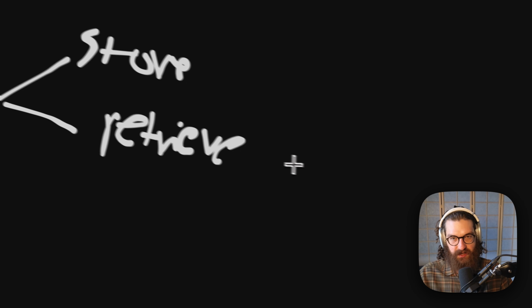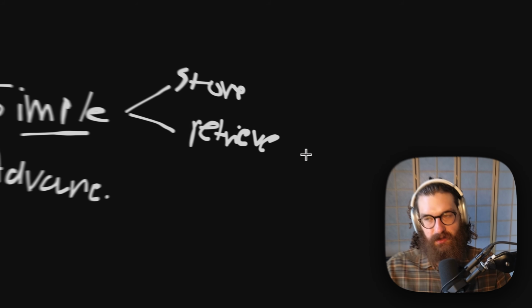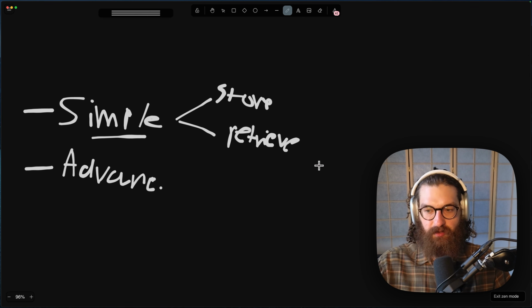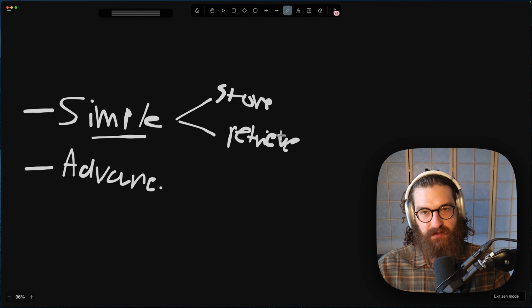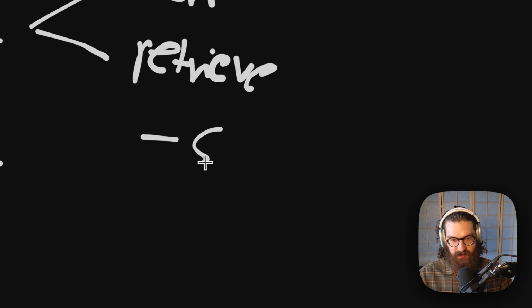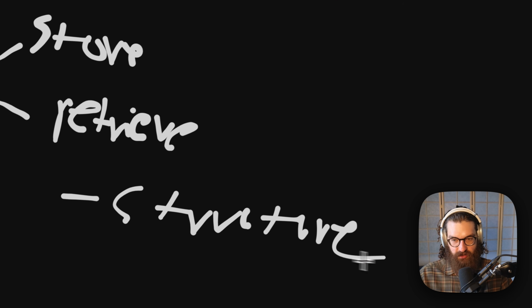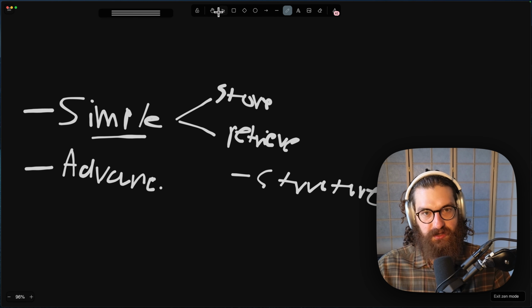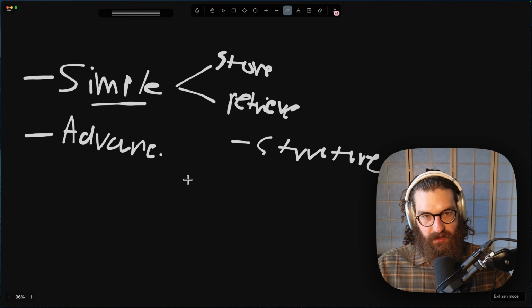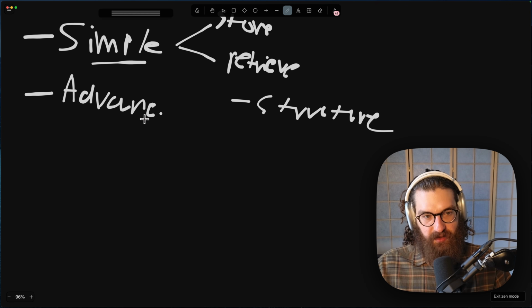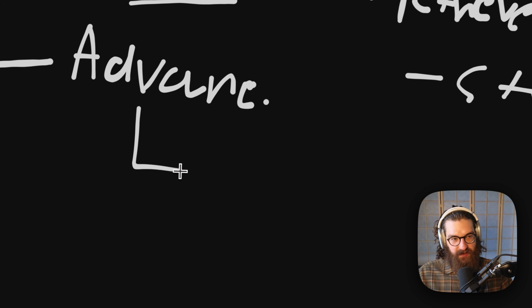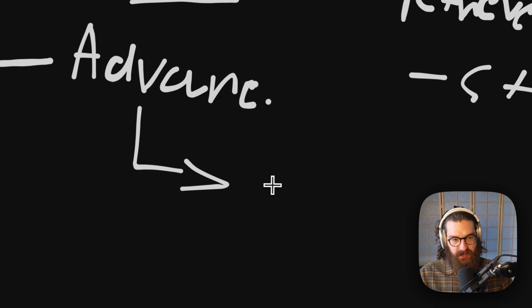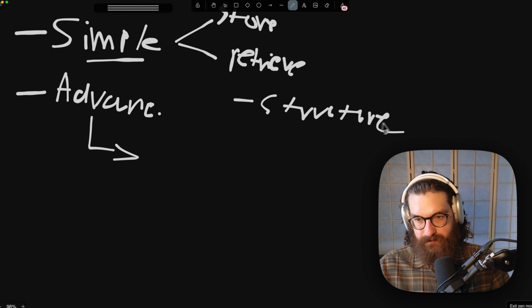And like I said in the previous video, the ability to retrieve information from your system depends on the structure that you have and the ability to search, the ability to know where to look in your system, all of that. So you need to do this with intention. And you can do that in a simple app, but an advanced app is going to make that a lot easier for you because it has more advanced functionality.